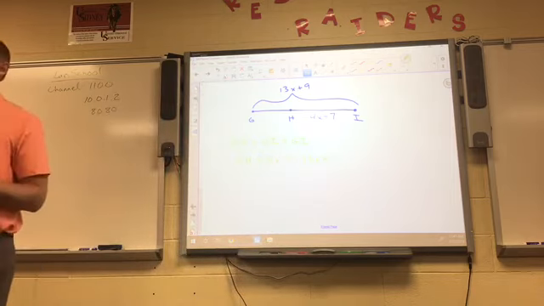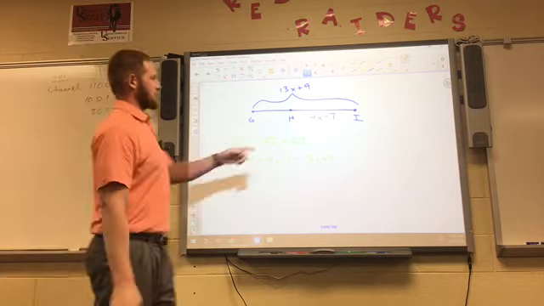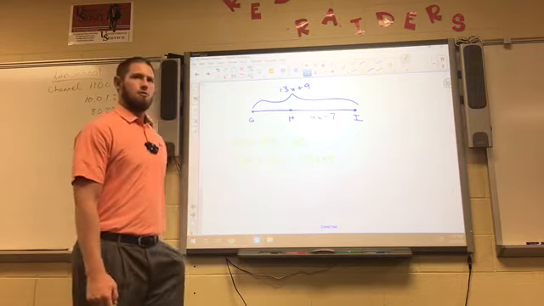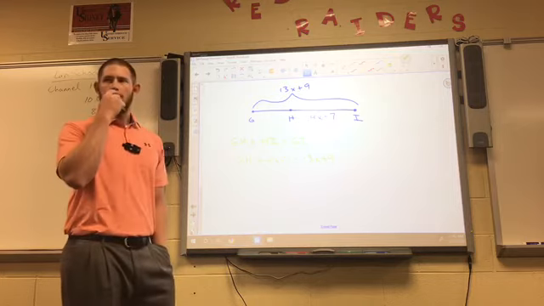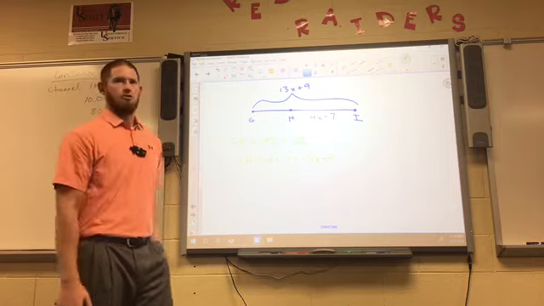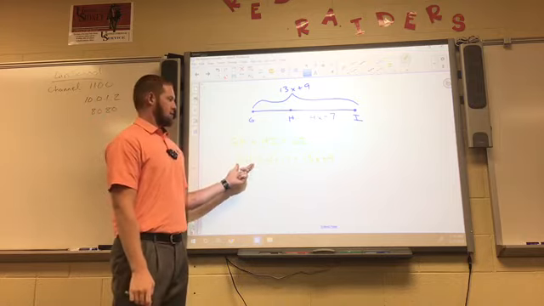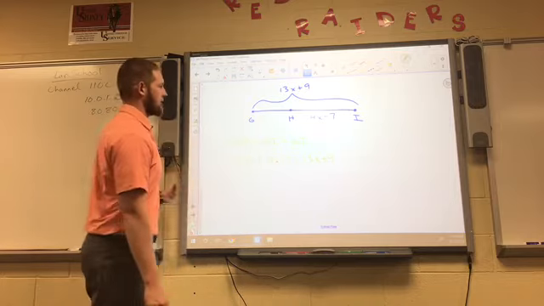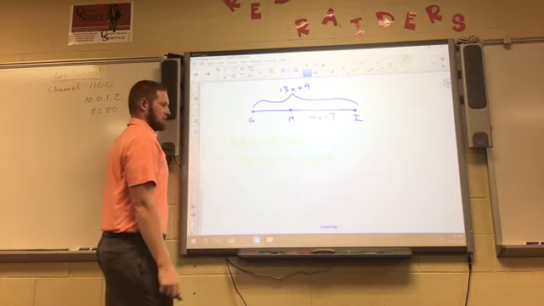When I finish solving this out, am I going to get a single number answer, or am I going to get another expression like we have in these two places? I'm just going to get another expression, because right now I have multiple unknowns. I have GH as one unknown, and I also have x, right? Okay, so if I'm trying to find the length of GH, I'm just going to try to get it as an expression just like these other two.